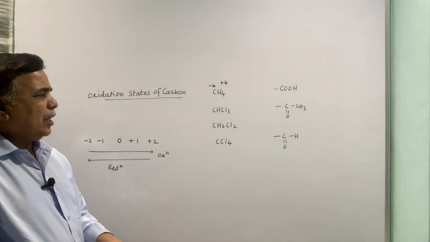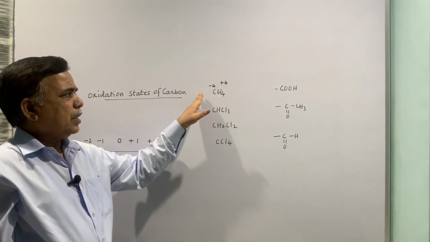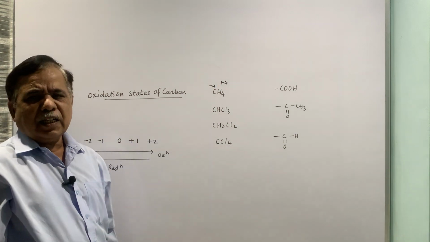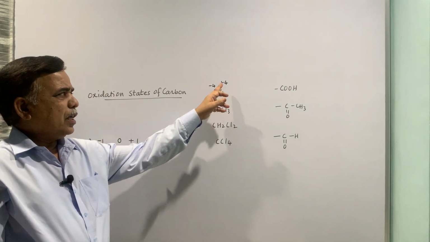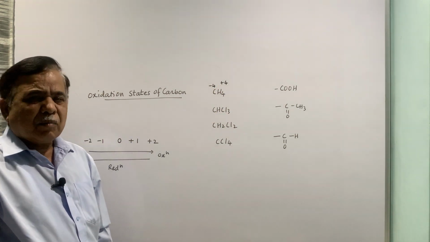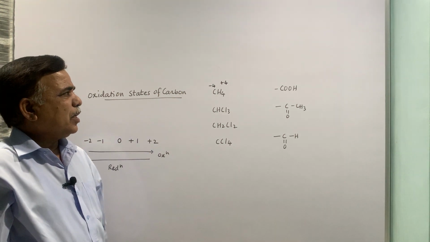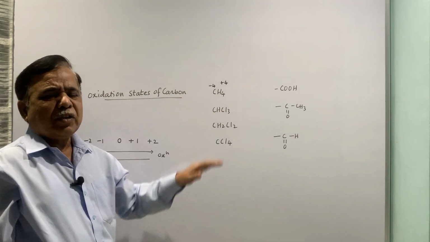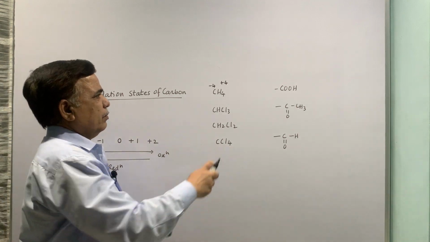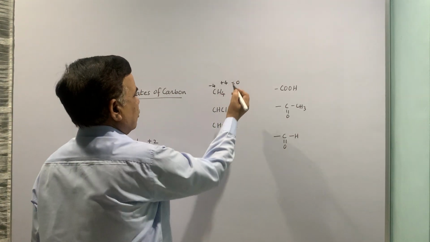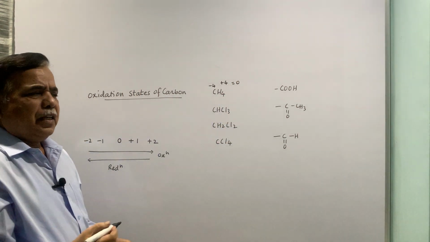Carbon being more electronegative than hydrogen, so it is taken as minus, hydrogen is taken as +1 each. So 4 hydrogen is +4 and carbon has to be -4, so that this compound is electrically neutral. So if you add these two, that is neutral. So CH4 is electrically neutral.